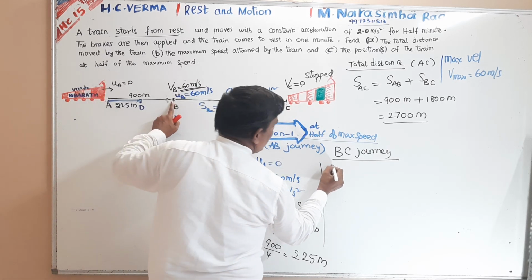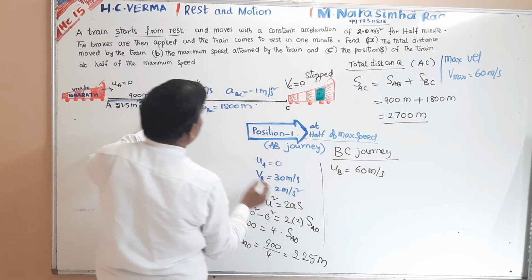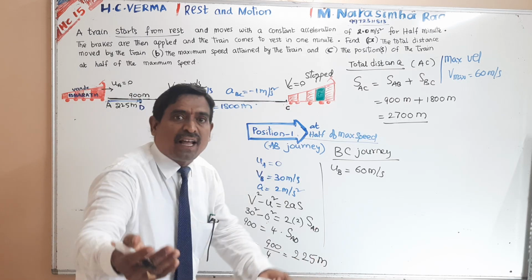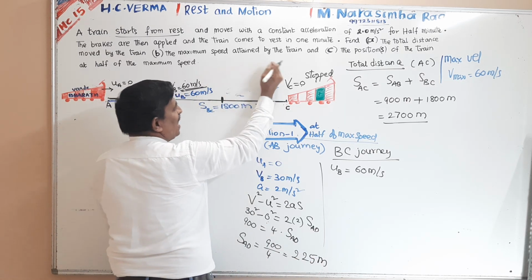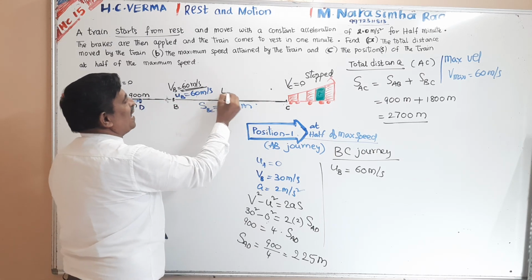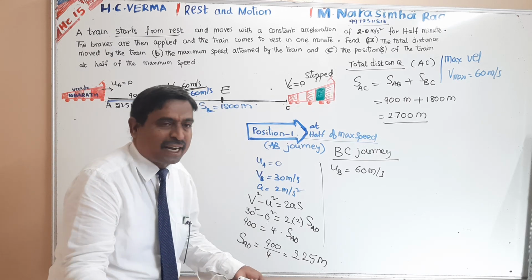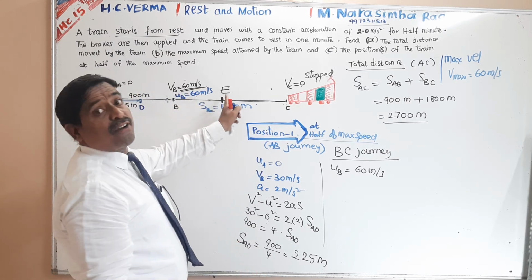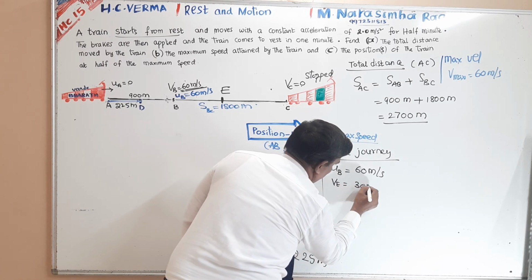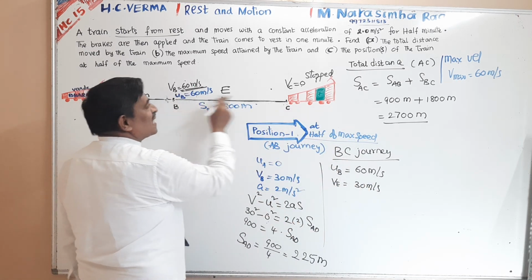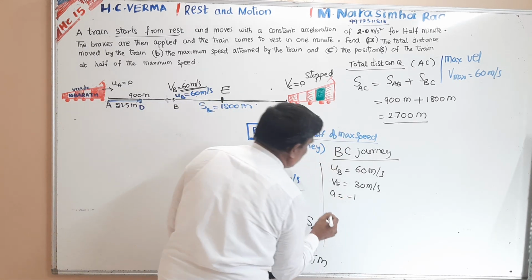Initial velocity at B is 60 meter per second and the velocity goes on decreasing. At a particular point, I am calling it E, speed becomes half. Velocity at E is 30 meter per second. In this journey, acceleration is minus 1.